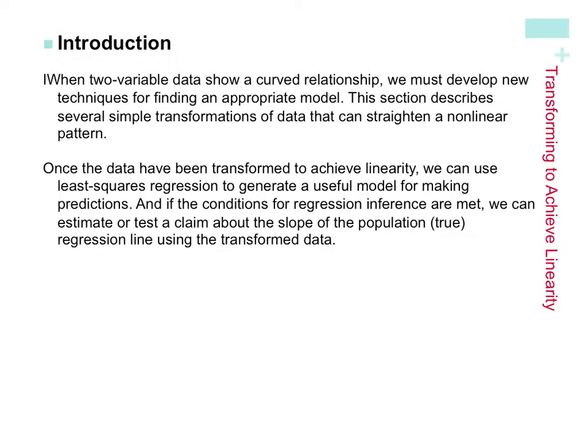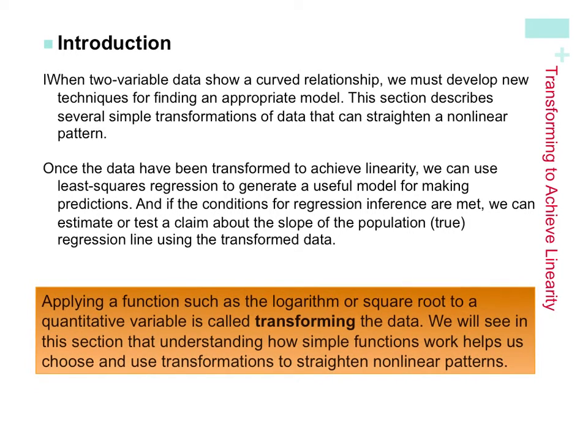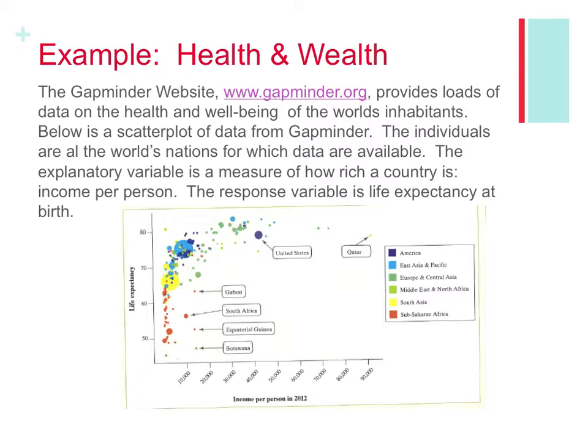We can see how well that regression line fits, etc. Applying a function such as a logarithm or square root to a quantitative variable is called transforming data. We will see in this chapter that understanding how simple functions work helps us choose and use transformations to straighten nonlinear patterns.